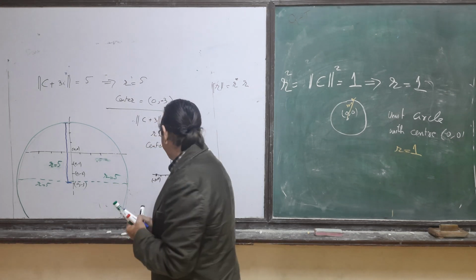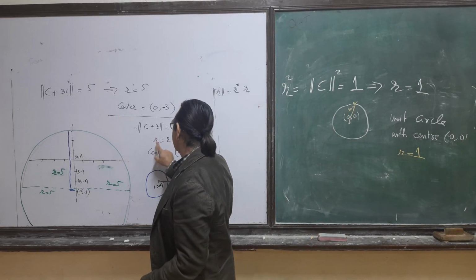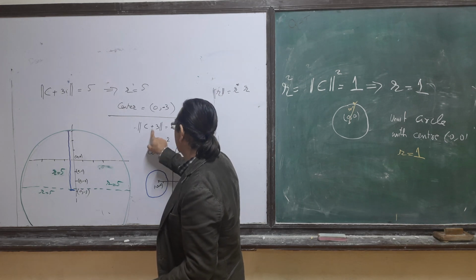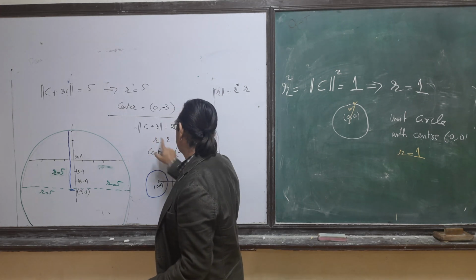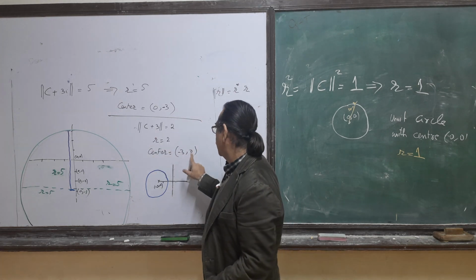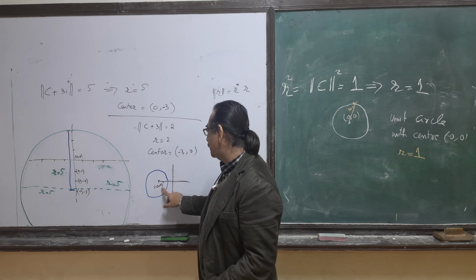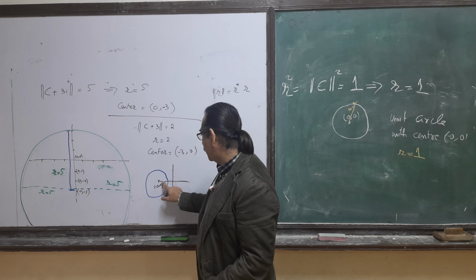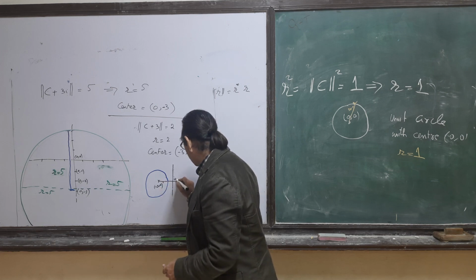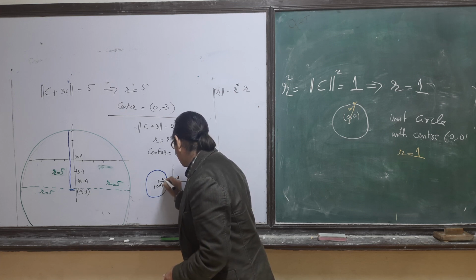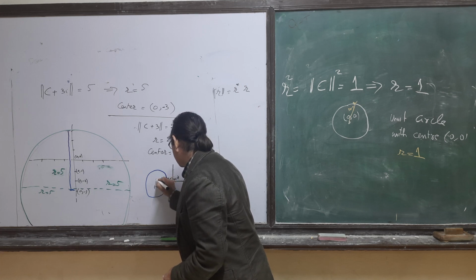And the radius for |z + 3| equal to 2, this r will be the radius. The center will be a real number, so that means it goes along the real axis to -3, and this will be 0, so that will be -3 and 0.